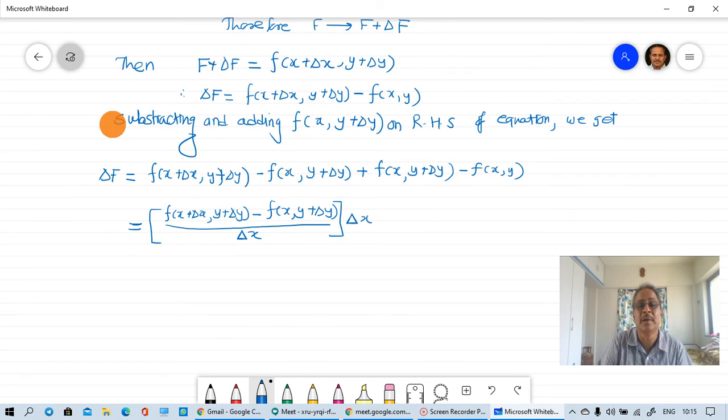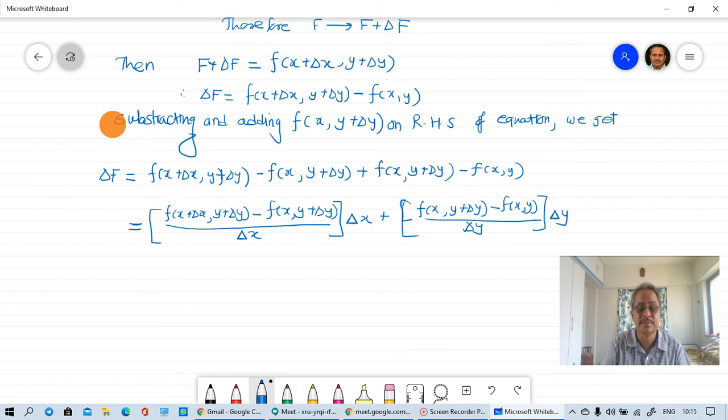This doesn't change our equation because I am dividing and multiplying by the same term. Plus for the second term, exactly similar, f of x and y plus delta y minus f of x and y, divided by delta y and multiplied by delta y.